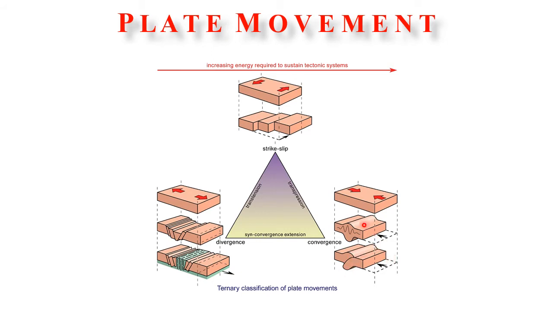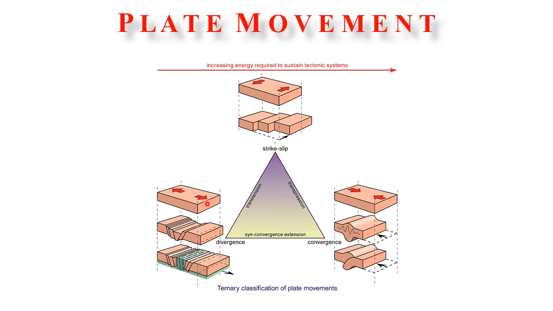If both plates are oceanic, the older oceanic lithosphere is going to subduct below the younger oceanic lithosphere. And if both plates are continental in nature, they are going to collide and create the largest orogenies. And we have a third type of plate movement, which is known as strike slip movement, in which one plate moves past another plate.